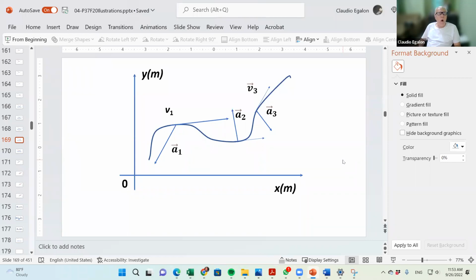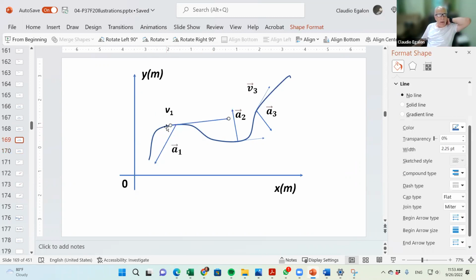We can recognize that this instantaneous acceleration vector has a component that's tangent to the direction of motion of the particle and also normal to the direction of motion of the particle. Can you picture that? Let's go back there.